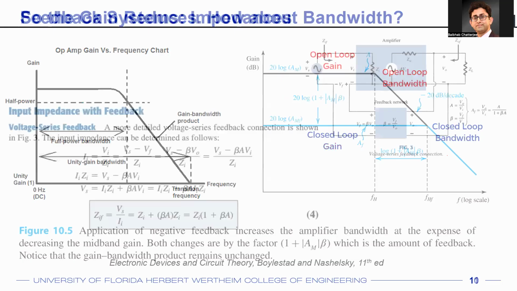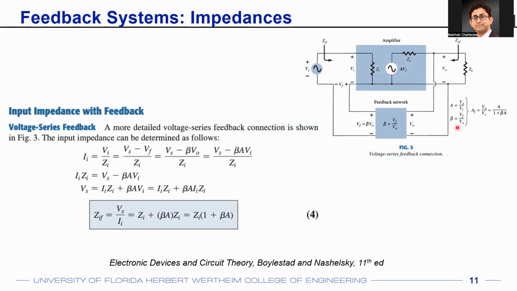All right. So one last thing that we'll take a look at on the matter of feedback systems is impedances. As you apply feedback, depending on whether you are applying voltage series, voltage shunt, current series, or current shunt, there are 4 types of feedback possible.